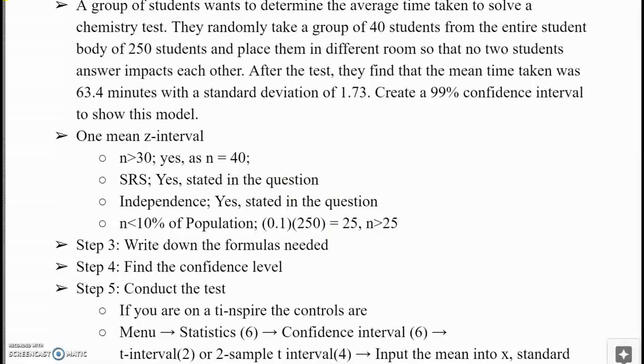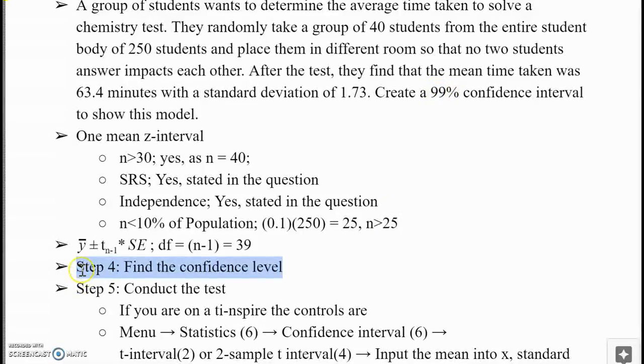Next, we have to write down the formulas needed for a confidence interval. So the formula is this formula over here, where degrees of freedom is n minus 1, which is equivalent to 39. You have to write this down. Now, confidence level, they said 99.